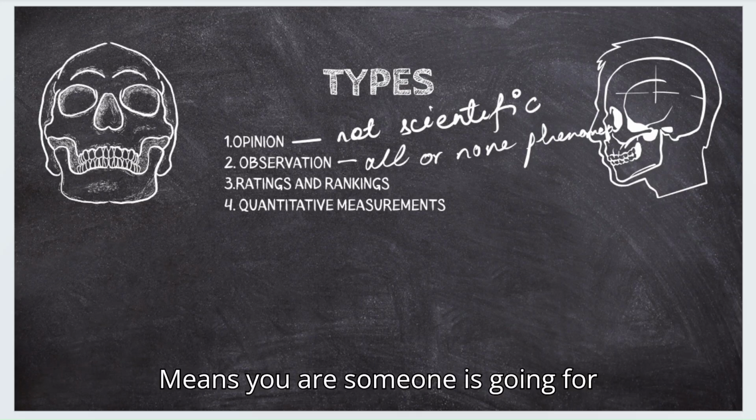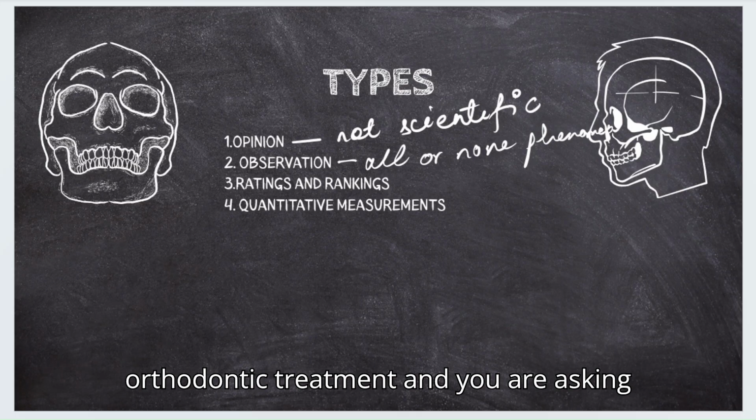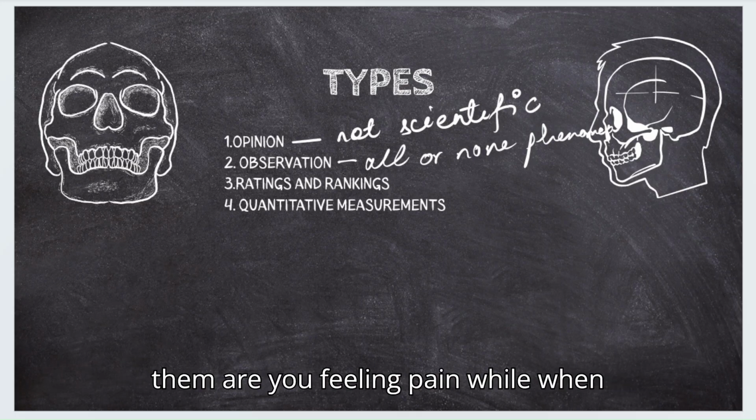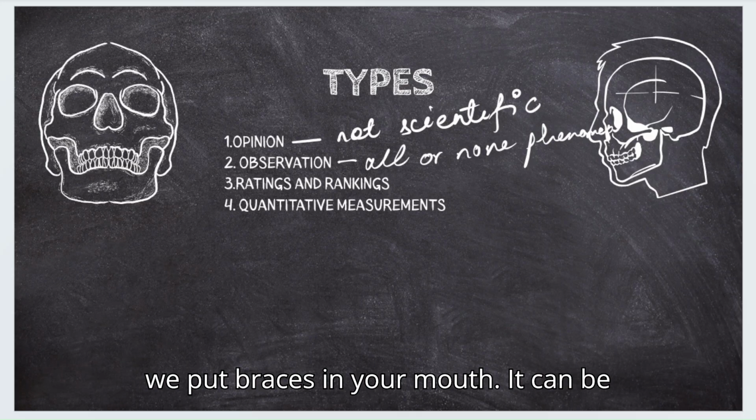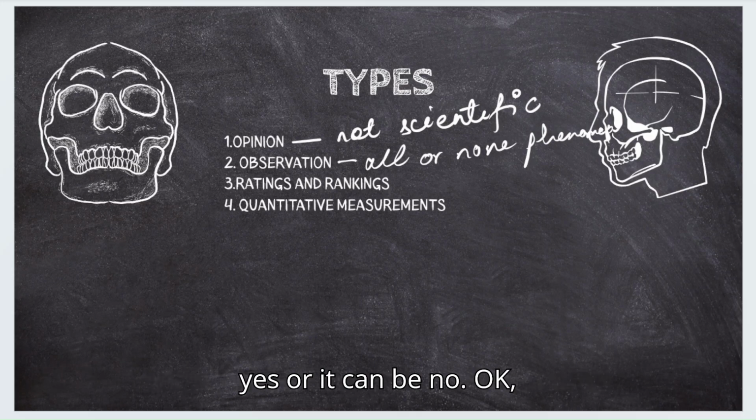Means someone is going for orthodontic treatment and you are asking them, are you feeling pain when we put braces in your mouth? It can be yes or it can be no. Okay, it cannot be sometimes yes, sometimes no. That cannot be taken as observation. Observation is always plus or minus.